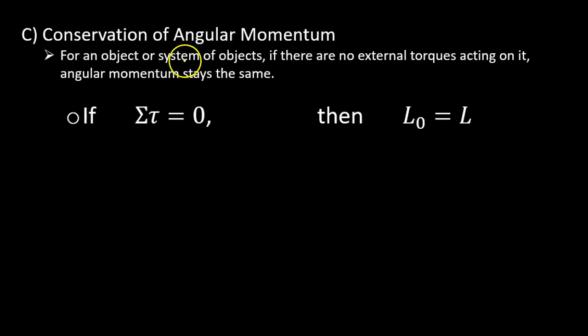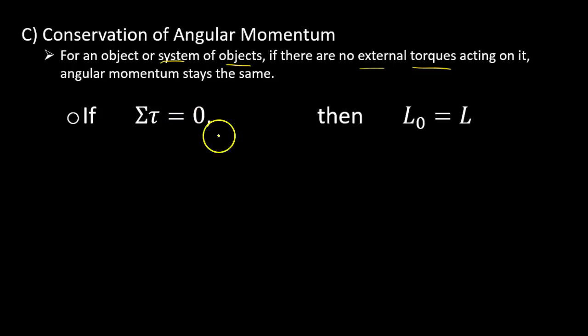So, for an object or a system of objects, as long as there are no external torques, no one slapping the object that's spinning, as long as there's no external torques on the single object or the system, the total angular momentum should stay the same.